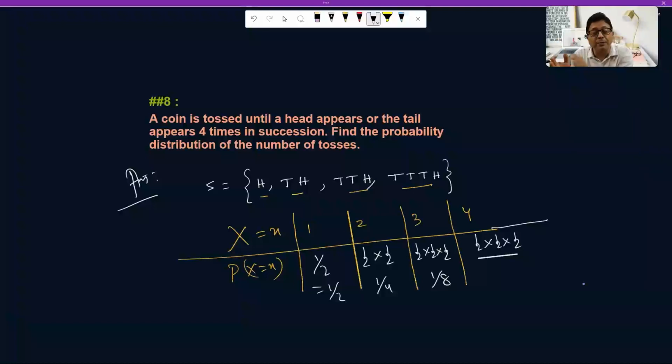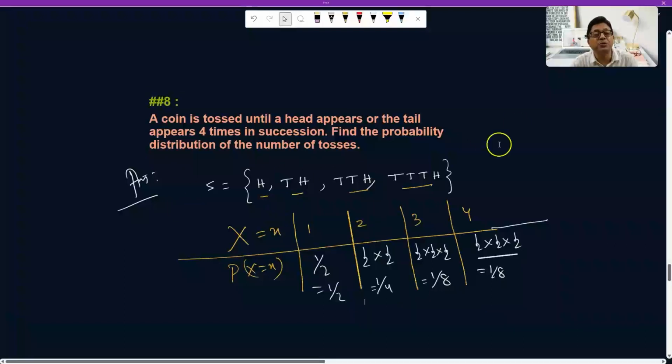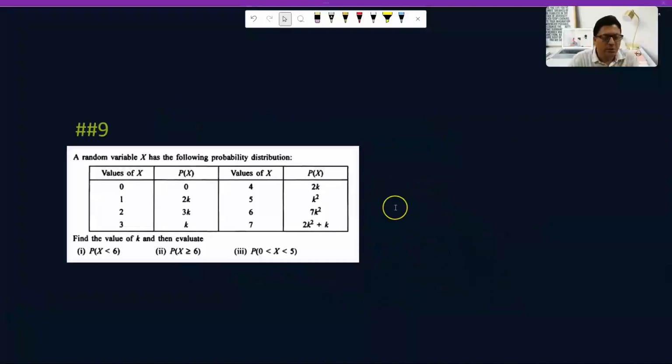But it is not a probabilistic situation. On the 4th trial, whether head or tail, it doesn't matter. The game will be over. So the probability will be 1 by 8. 1 by 2, 1 by 4, 1 by 8, 1 by 8, their sum is 1. So it is the probability distribution of the number of tosses.